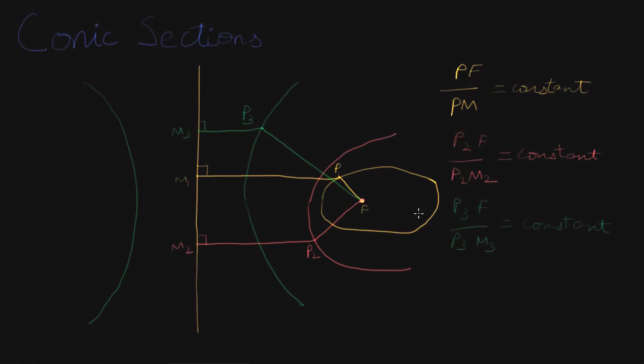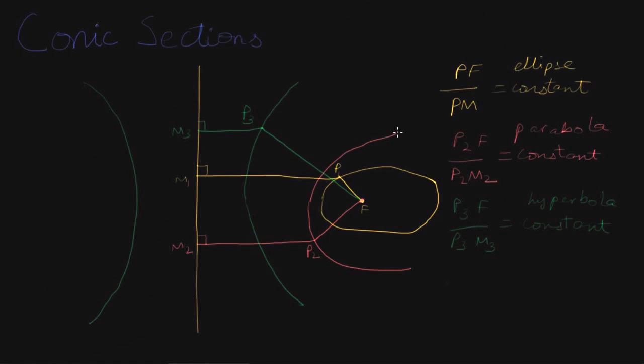I can intuitively deduce from this picture that this particular constant, okay, I'll just name these constants. This is the hyperbola constant. This one is the parabola constant. And this one is the ellipse constant.